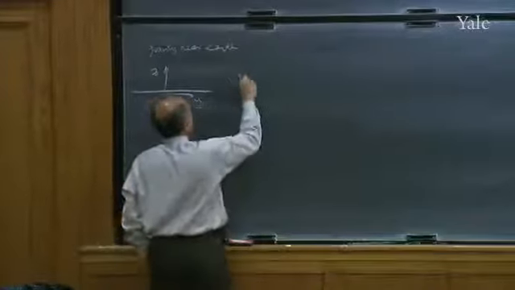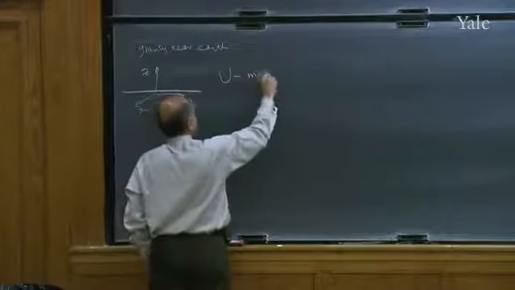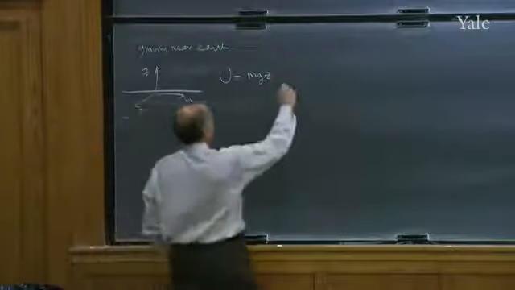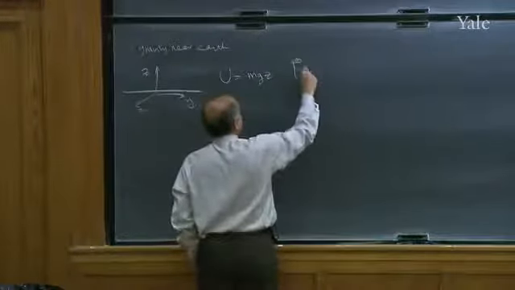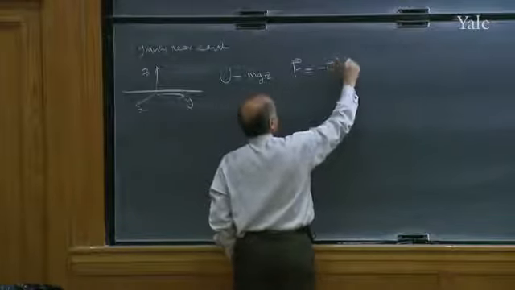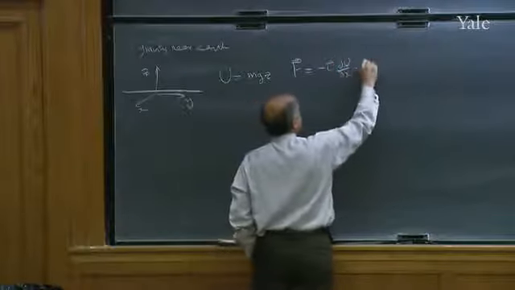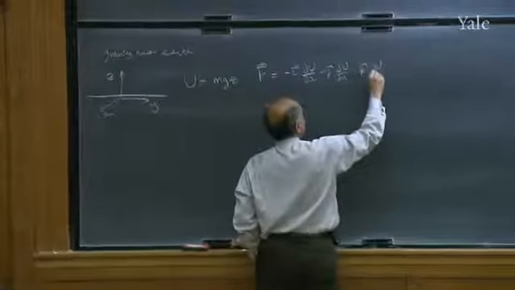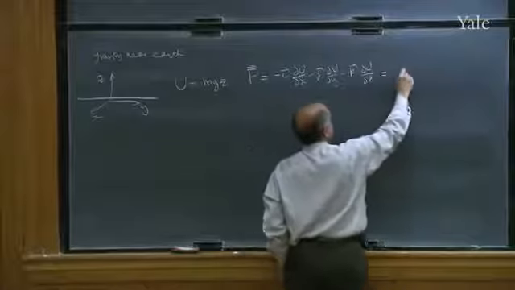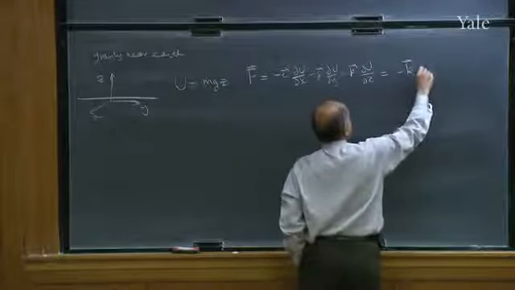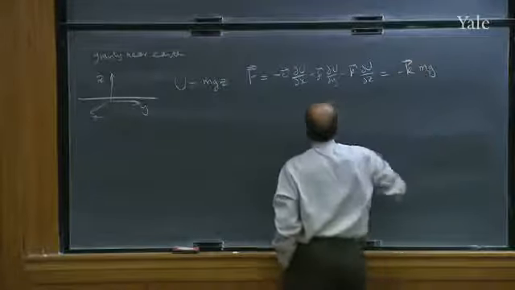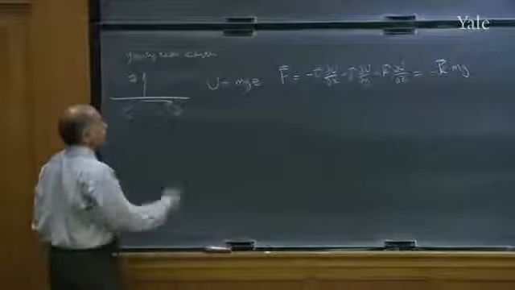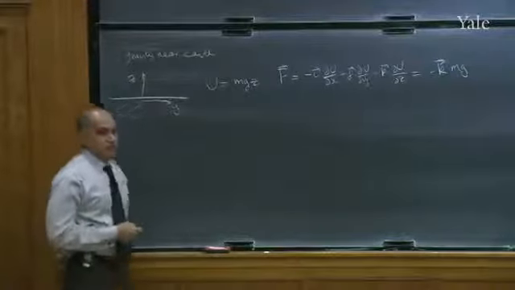U for gravity is mgz. And the force of gravity, which is minus i du/dx minus j du/dy minus k du/dz, all you got here is minus k mg. Because this doesn't depend on x, it doesn't depend on y, it depends only on z, and the z derivative is trivial. Force is minus mg pointing down.